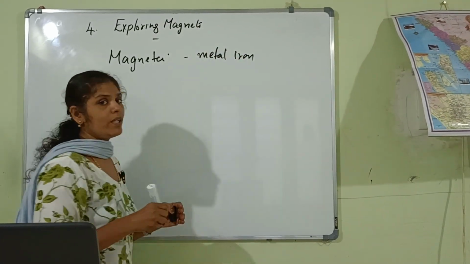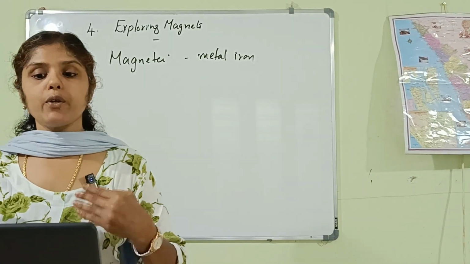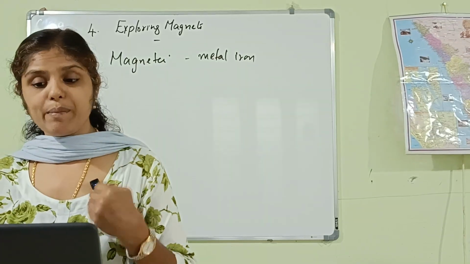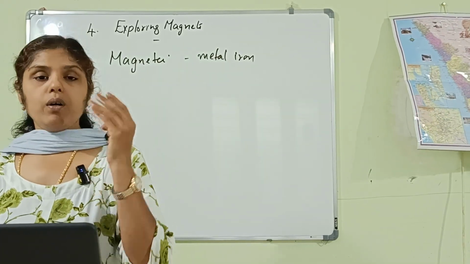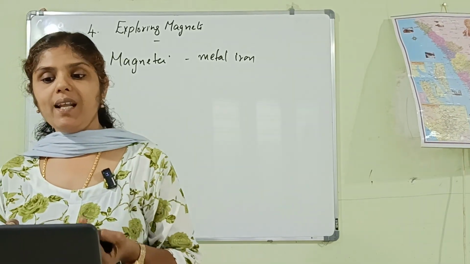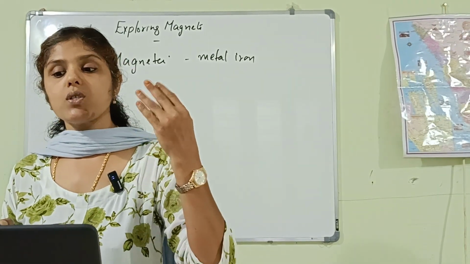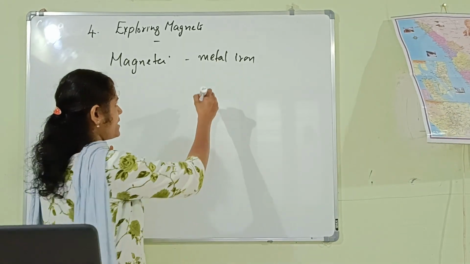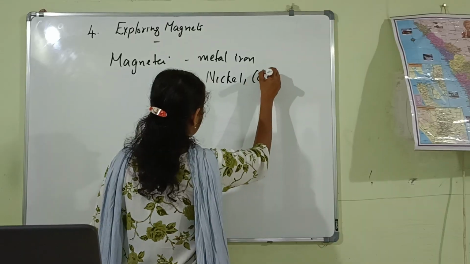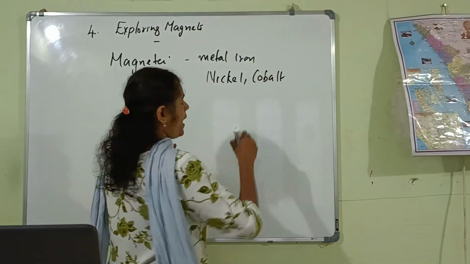Next point: what are non-magnetic materials? Those which are not attracted towards magnets are called non-magnetic materials. Iron is an example of a magnetic material, whereas nickel and cobalt are also magnetic materials.